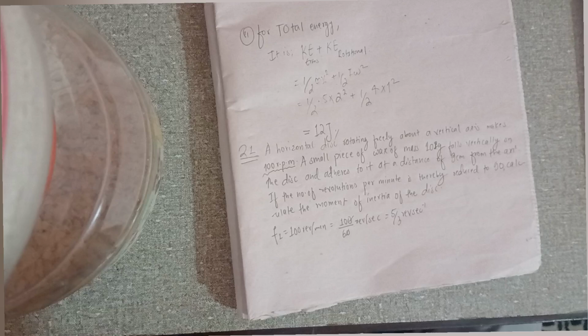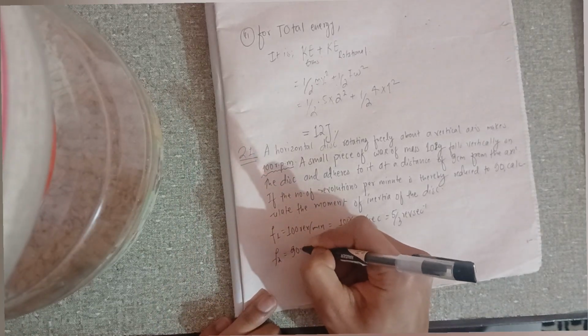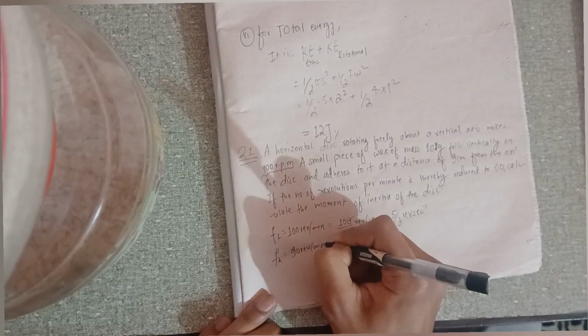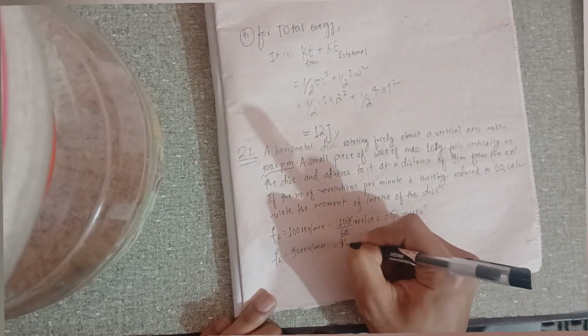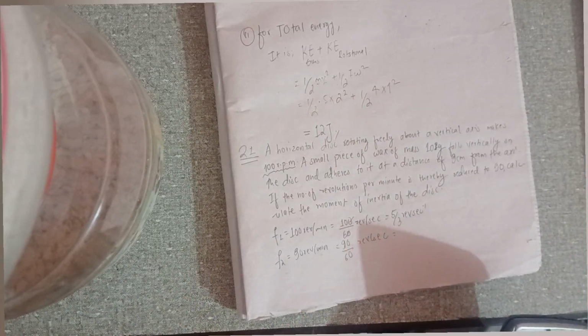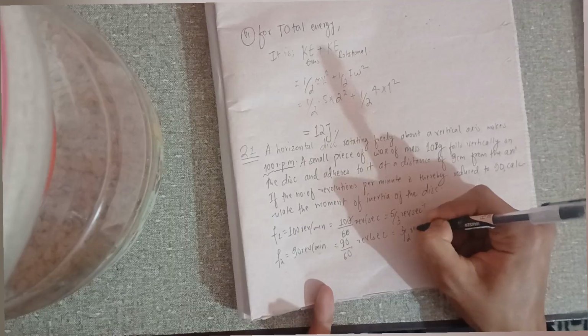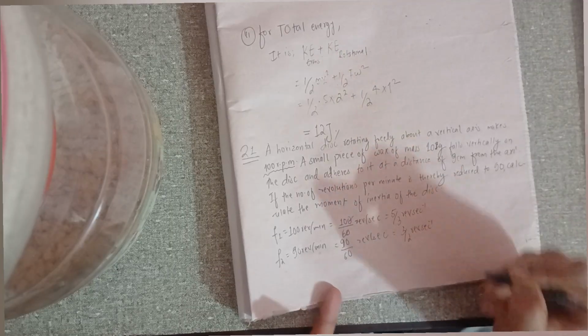This is the first frequency, and the final frequency f2 is 90 revolutions per minute, equal to 90 by 60 revolutions per second, so this will be 3 by 2 revolutions per second.